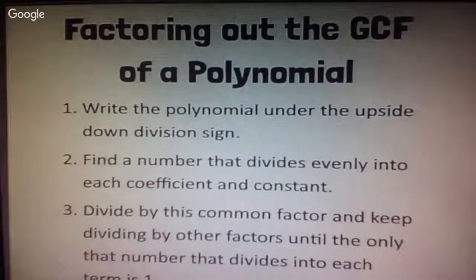So let's do another one. 48. Okay. 48. 6 and 8. 6 breaks down into 2 and 3. 8 breaks down into 4 and 2. What else can still break down? 4. 2 and 2.